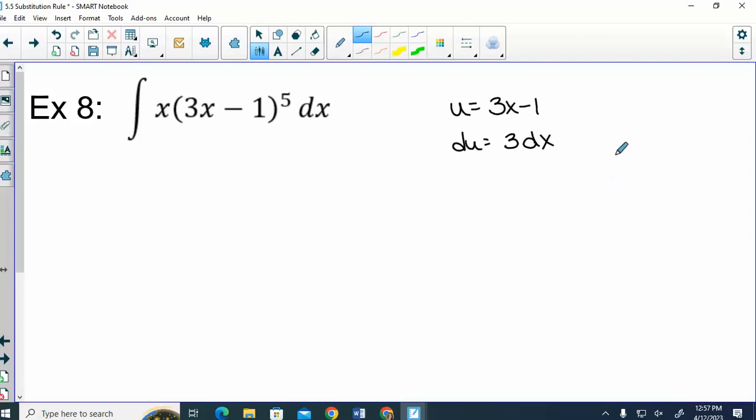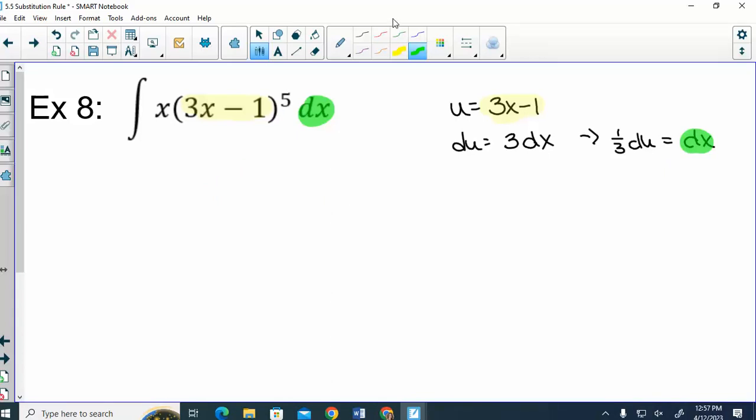Okay. I don't need the 3, so that means 1/3 du plus dx. Here's the problem. This 3x minus 1 will become my u. This dx will become my 1/3 du.